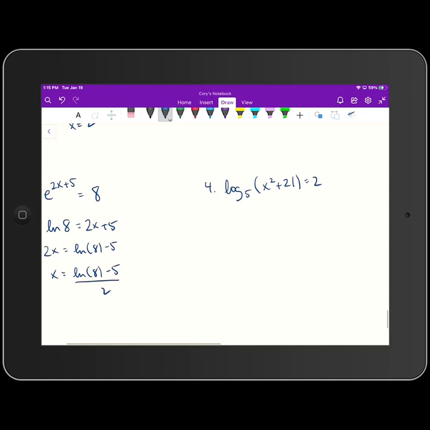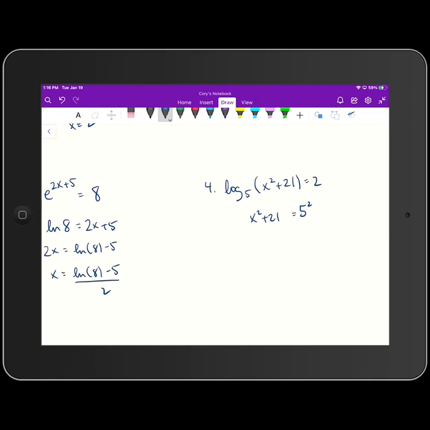Okay, last example. Log base 5 of x squared plus 21 is equal to 2. Again, we want to take this log and rewrite it in exponential form. So the base of our exponent is 5, the power is 2, and the argument of the log is what the exponential is equal to, x squared plus 21.